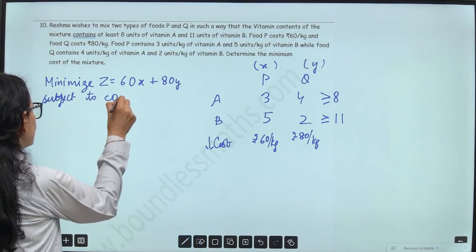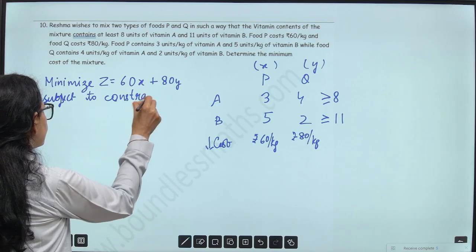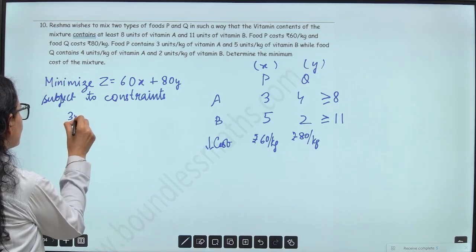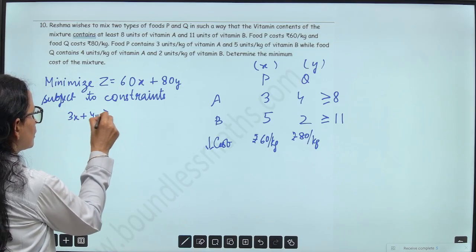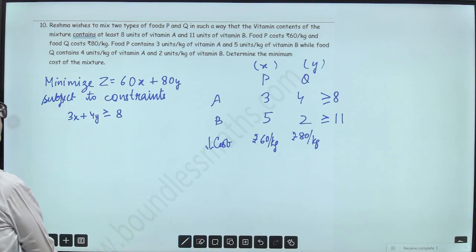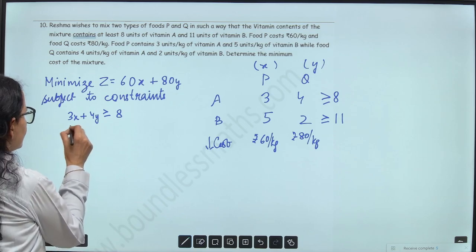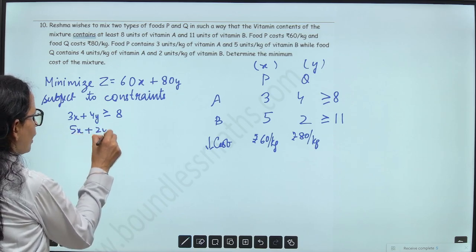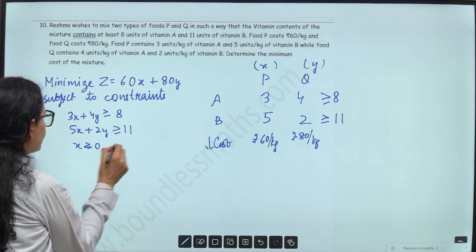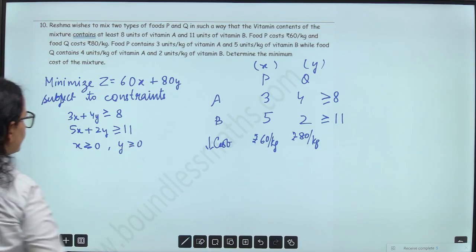Now what are the constraints? The first constraint is 3x plus 4y greater than equal to 8. Next is 5x plus 2y greater than equal to 11. Mention the explicit constraints, x and y both are greater than equal to 0.